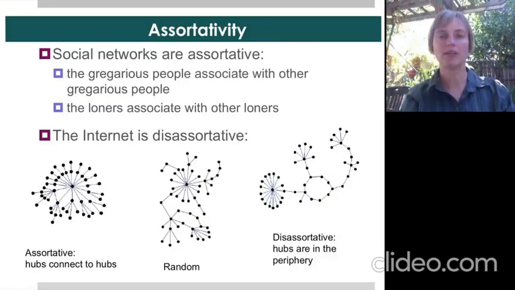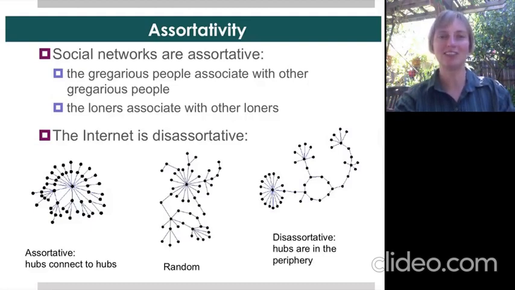So far, we have treated the degree distribution of the network as the most important factor in how resilient the network is going to be. But we've paid no attention to how those nodes are actually wired together. And one simple way of capturing who is wired to whom is to look at assortativity, specifically degree assortativity.